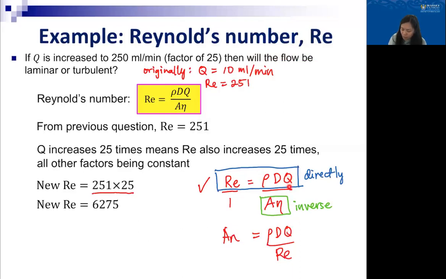If we put the two quantities on the same side of the equal sign, then it's hard to see what will happen, because the effects will cancel each other out. It's hard to see what will happen if you increase Q. Then what you can solve is actually A times eta, if that makes sense.